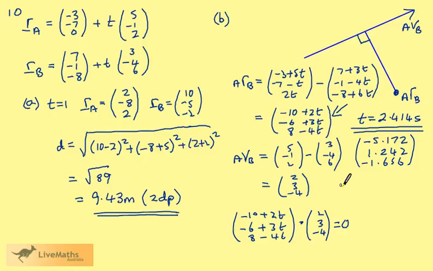So the distance between them, we just want the magnitude of this vector, so that's the square root of this one squared, plus this one squared, plus this one squared, and that gives us 5.57 meters, correct to 2 decimal places.